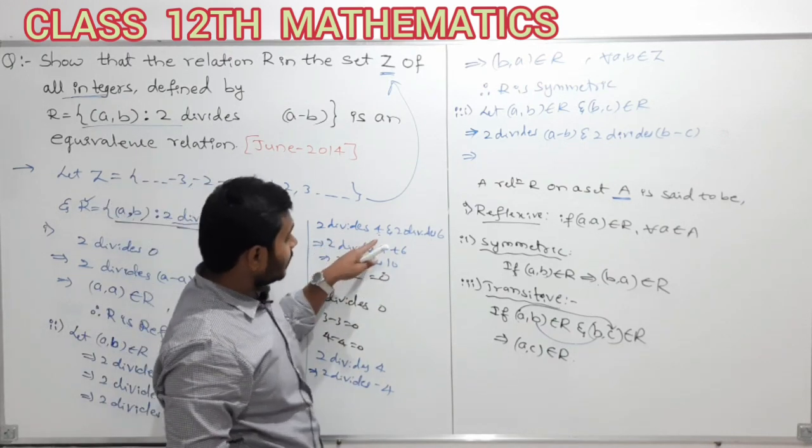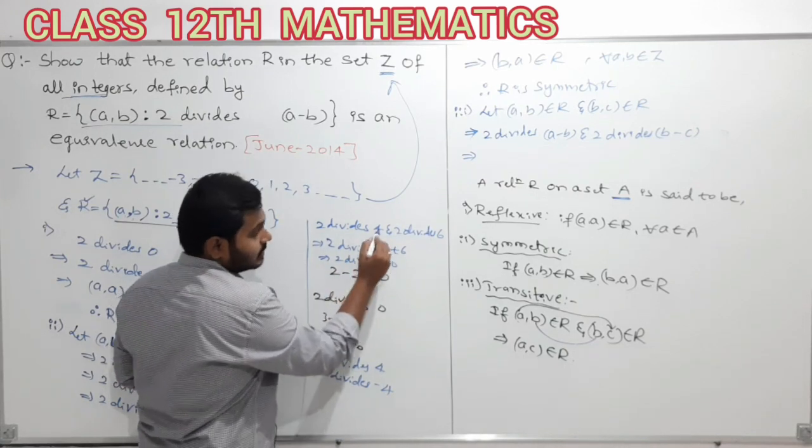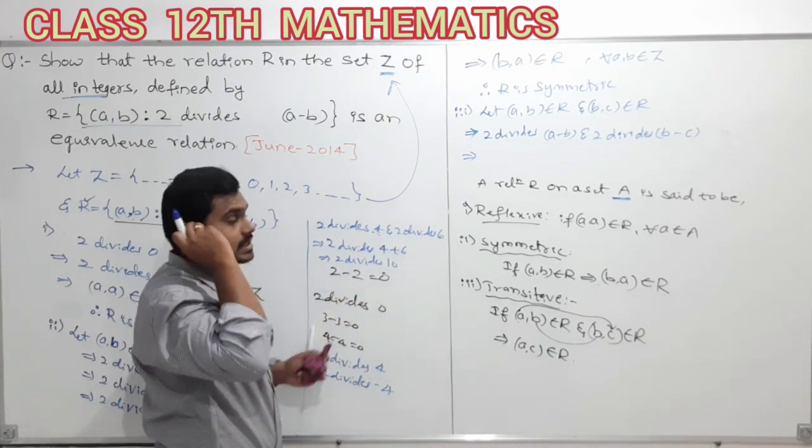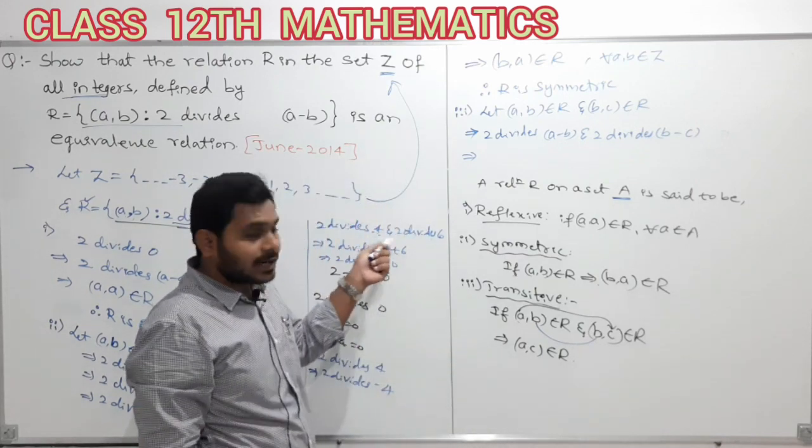Clear? So if 2 divides 4 and 2 divides 6, then 2 divides the sum of these two also. This is the general rule we have. You can observe it by taking this particular example.